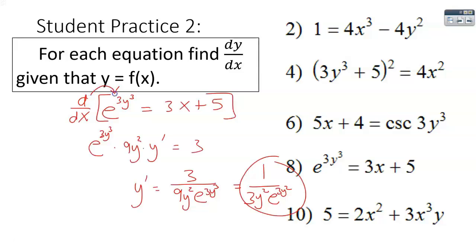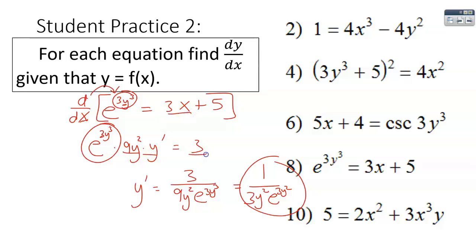So if you take the derivative of e to the 3y cubed power, the derivative of any e is always going to be exactly the same as the original, but then when you do the derivative of the exponent, or the inside function itself, this is a chain rule. So the derivative of 3y cubed is going to be 9y squared, and since we're finding the derivative of a y with respect to x, we're going to put a y prime there.